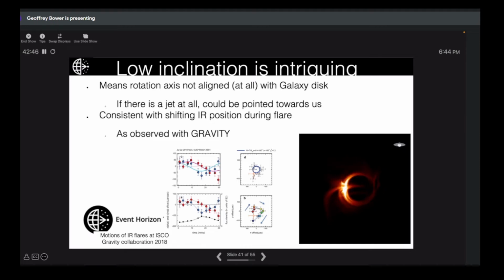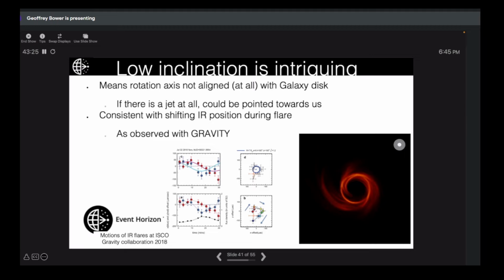It's also interesting in that it appears to be consistent with the results from the GRAVITY measurements with the VLT, where they measured just the change in the centroid position of Sagittarius A star and argue that that's the result of a roughly face-on system of a comparable diameter to what we measure.